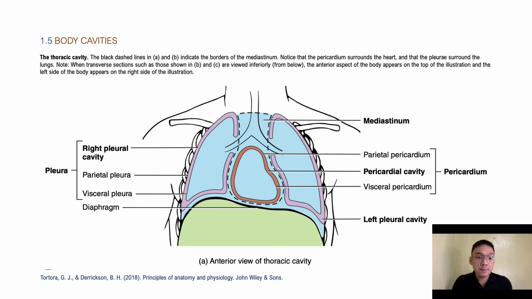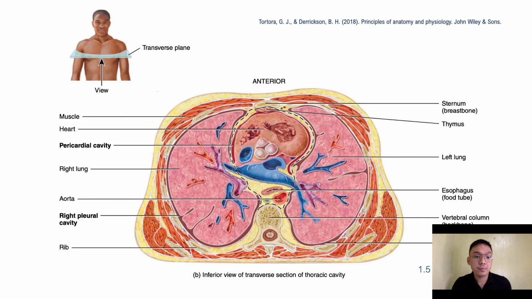So, the transverse portions are also shown in the next images, and they are also viewed inferiorly from below. This is the inferior view of the transverse section of your thoracic cavity. Here is the view that refers to the arrow viewed downside.